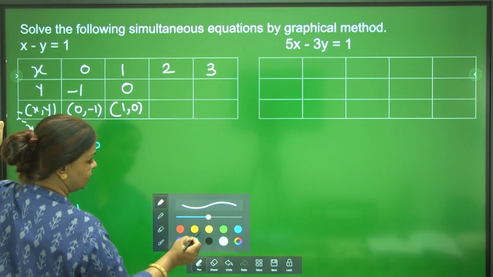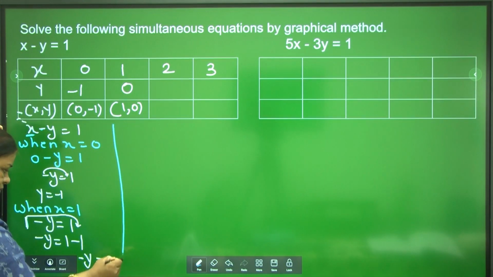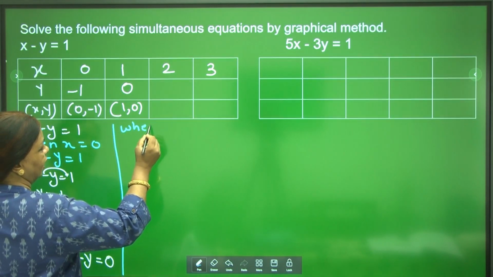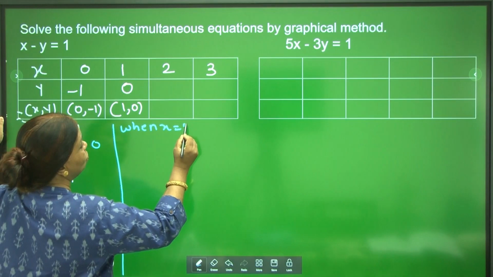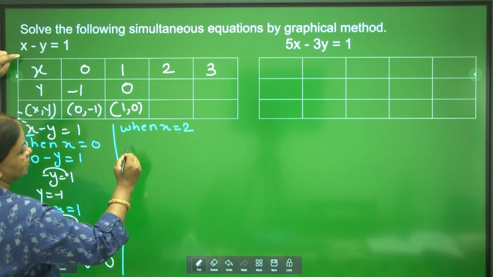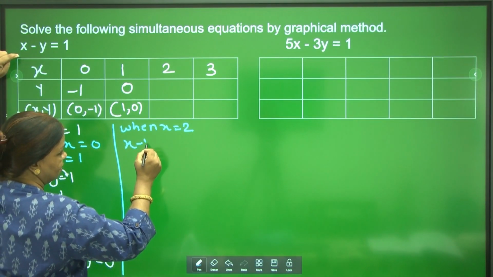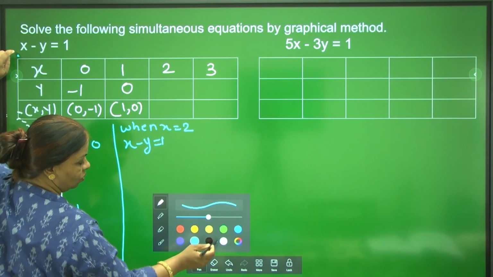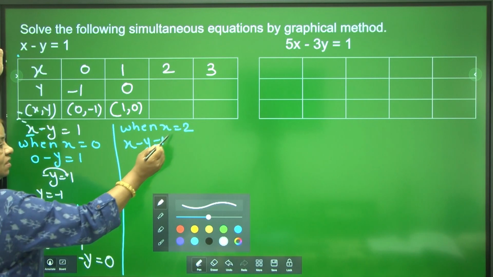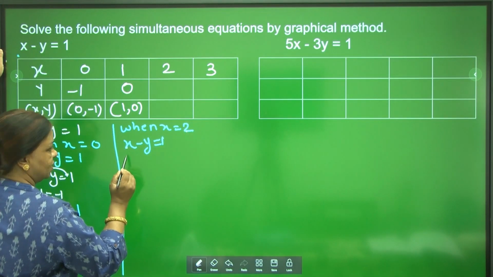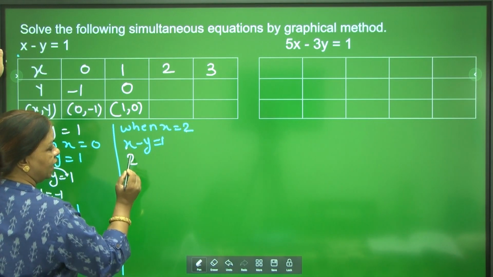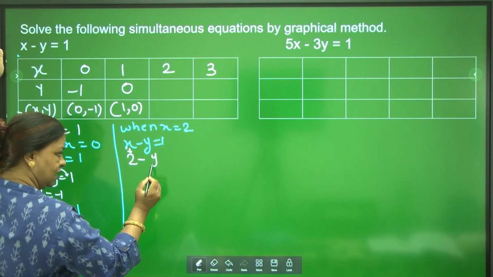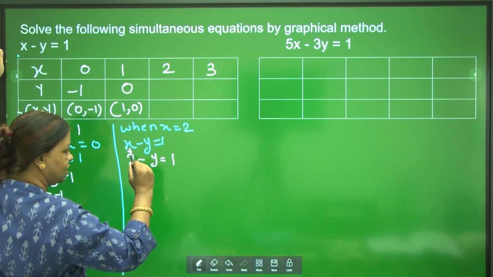Now the next one. When x is equal to 2, your equation is x minus y is equal to 1. So I will place the value of x in place of x. This is 2, x is 2, then minus y is equal to 1. I will shift this here.